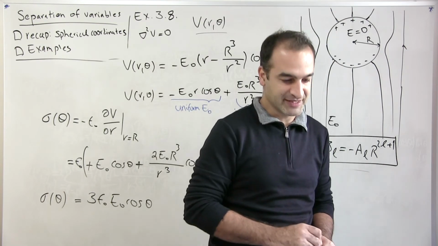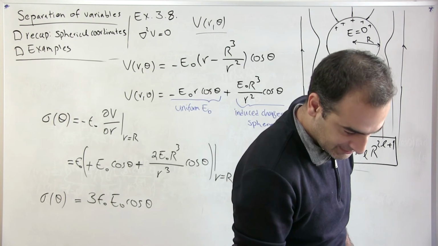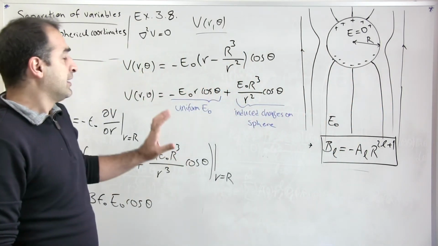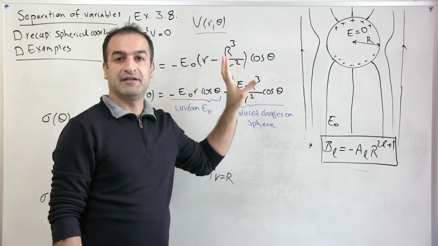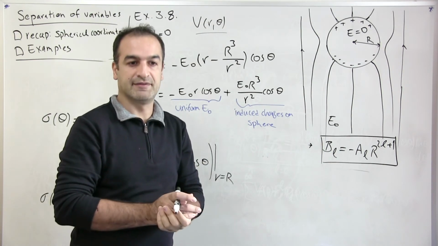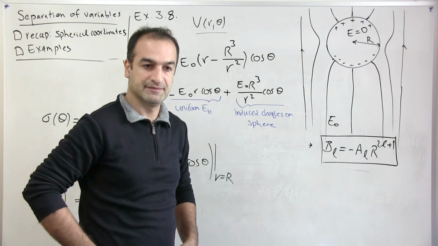Okay, so I'm going to do example 3.9, which is a case where we have a spherical shell, and we have the surface charge density specified on the surface, and we are trying to find the potential based on that surface charge density. Sounds good?